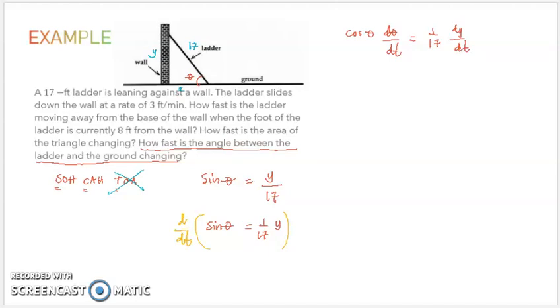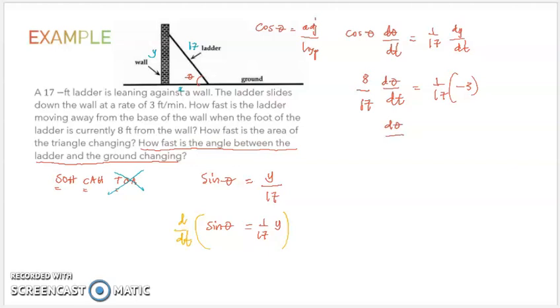So let's plug in the given values. Cosine theta is adjacent over hypotenuse. What's adjacent? That's x, and that was 8. So cosine theta is 8 over 17, times the derivative of theta over time, equal to 1/17 times the -3 from earlier.